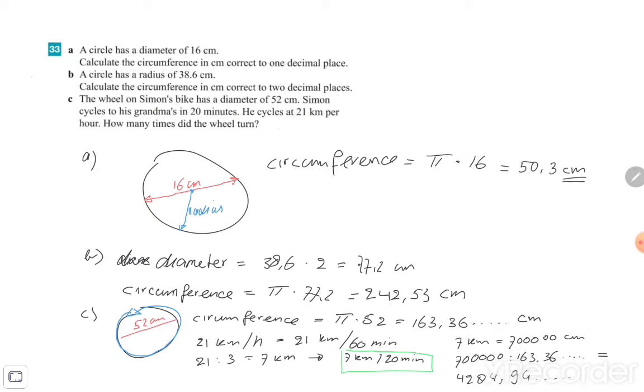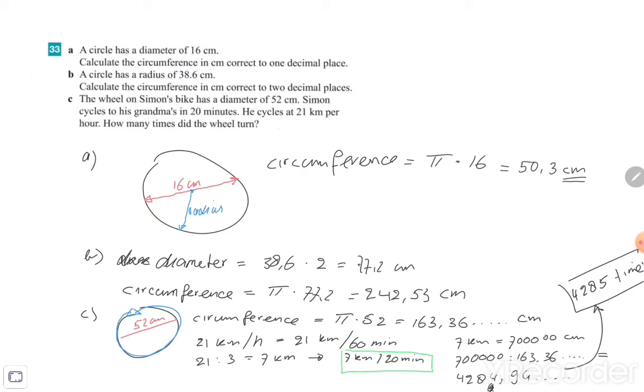You round it to a whole number, so you get 4,285 times. I do not have plenty of space, so I'm going to write it there. Very important that you round it to a whole number.